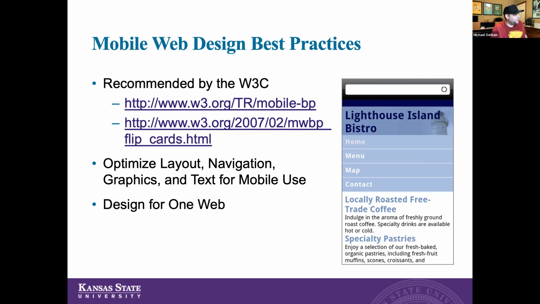So this is a website with the W3C best practices for mobile web design. We want to optimize our layout, navigation, graphics, and text for mobile use. All right. And we want to use design for one web, right?